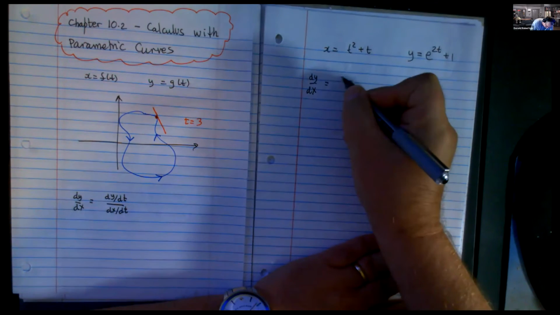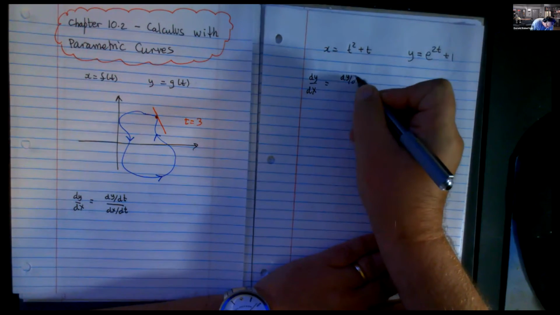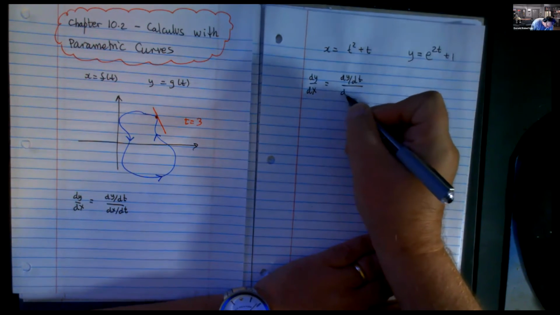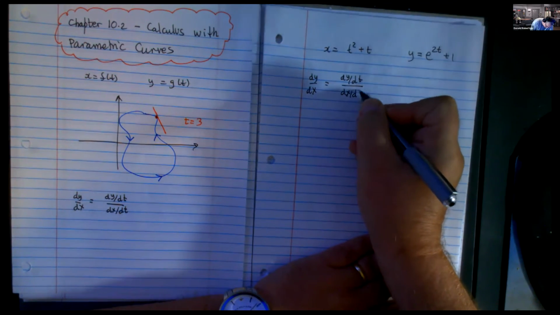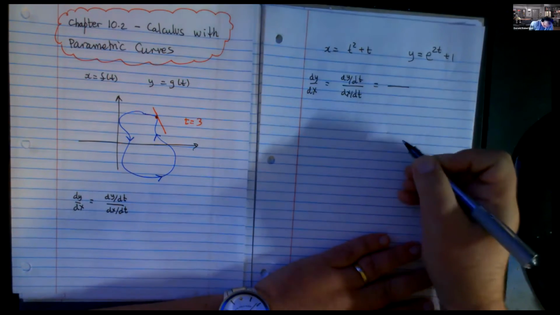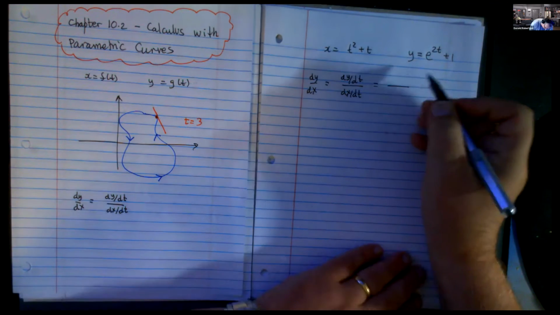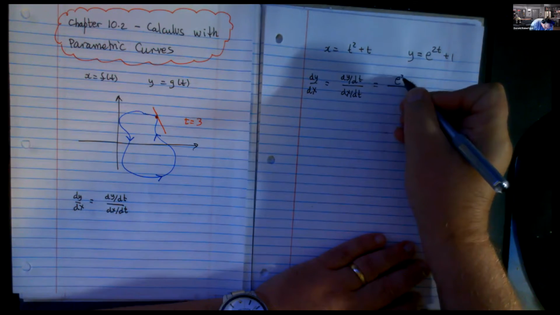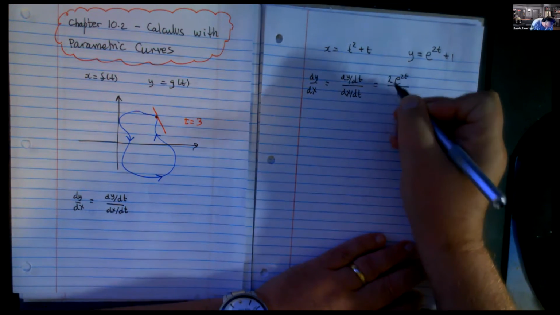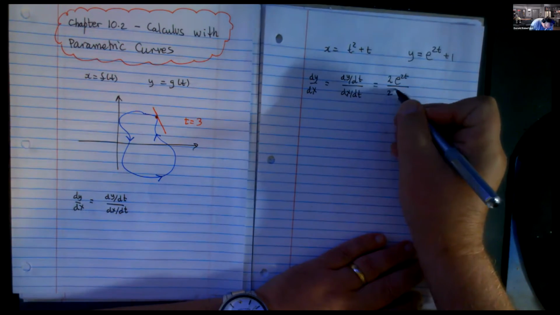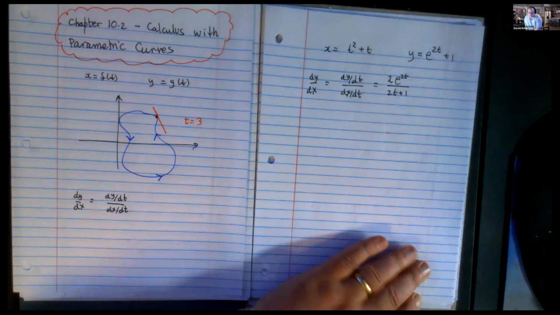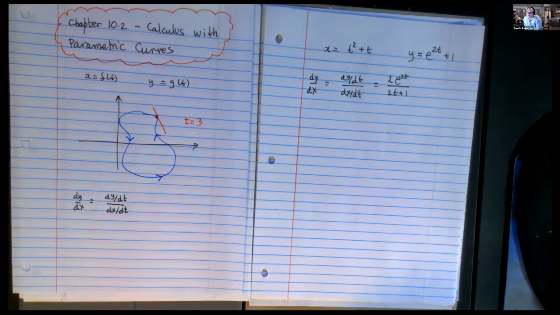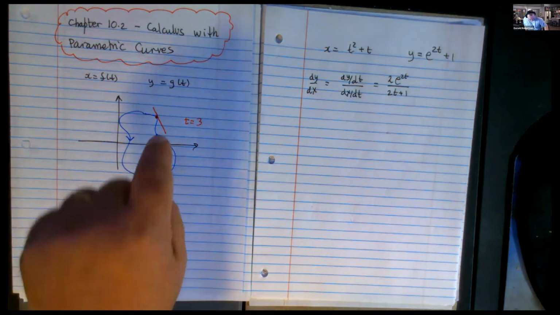Then I would do dy by dt divided by dx by dt. So you typically are going to get a fraction. And if you differentiate this guy, you get e to the 2t times 2. And if you differentiate this guy, you get 2t plus 1. So far, so good.